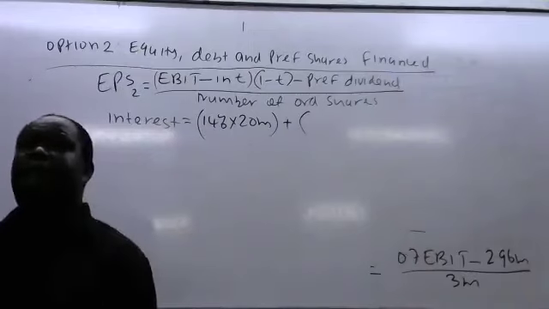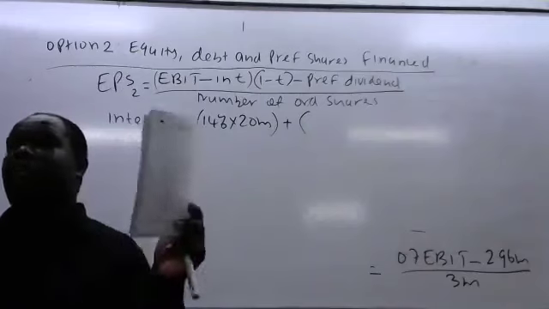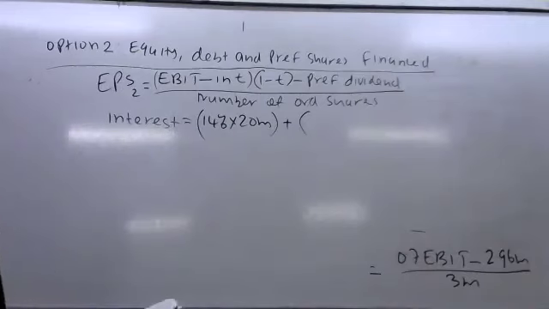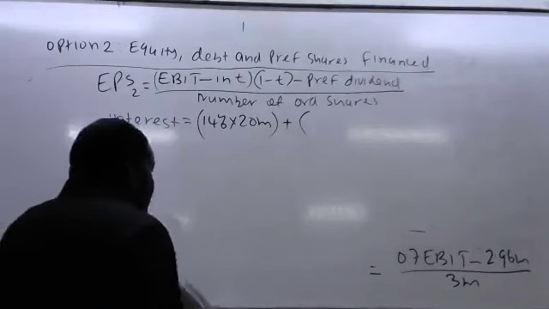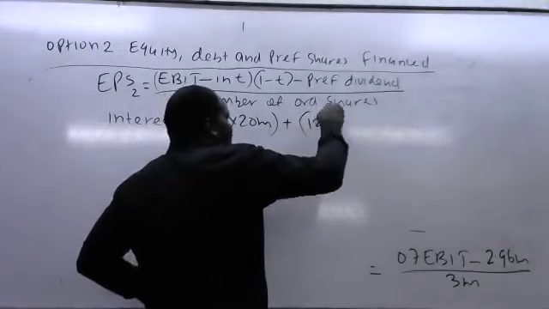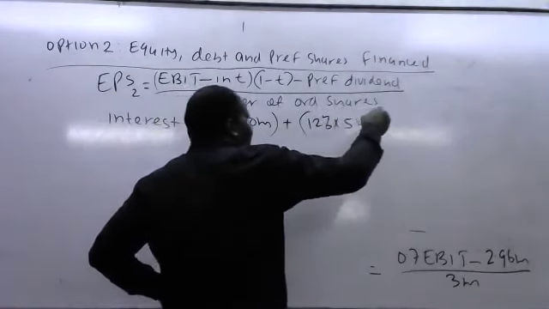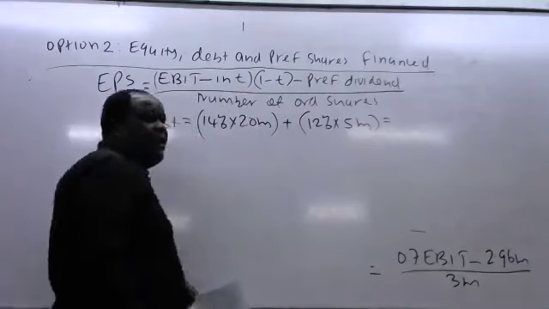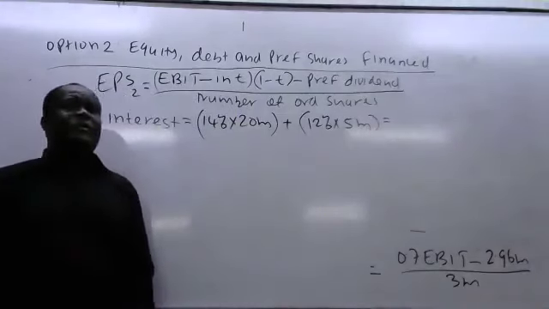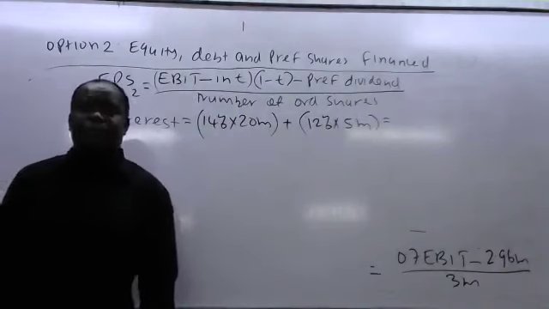So for the 5 million of the debenture, they will issue the debentures at what interest rate? 12%. So now we also add 12% of the 5 million. When you add them, that now will be able to give you the total interest under option 2.